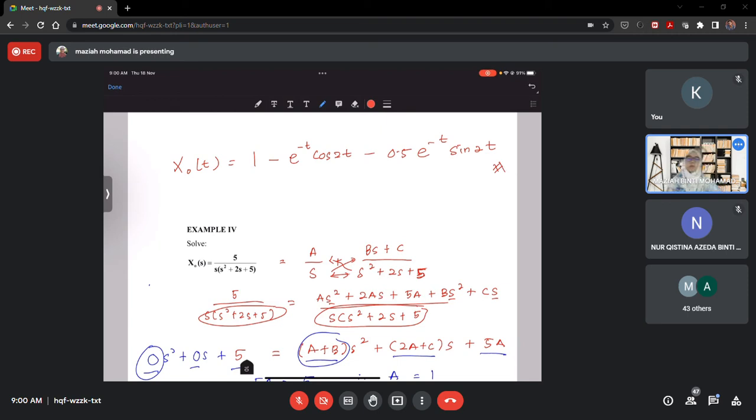Okay, so this example shows you that in order to inverse the Laplace, we need to manipulate our function a little bit so that it will be similar to the standard form that we're going to use.